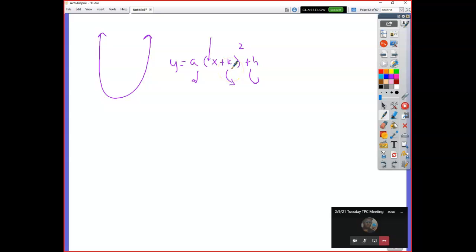Okay, if it's inside the parentheses next to the x, it means it's going to shift it left, right, opposite of the way we expect. That's the normal way that happens. Is that okay?